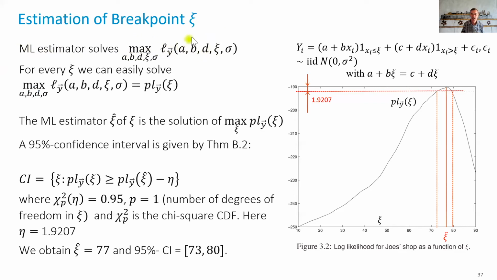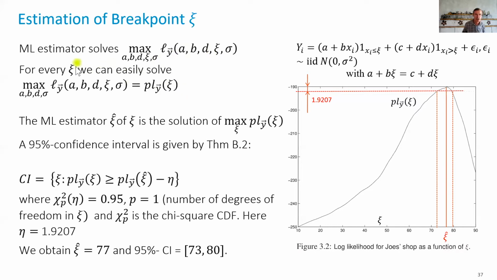Here I parameterize with A, B, D. Remember that one of the four A, B, C, D depends on the others when xi is known, so we should remove it. So here I parameterized using A, B, D and xi here. And if xi is known, this is a linear regression model. So we can capitalize on this fact to separate the variables and do an optimization in two parts.